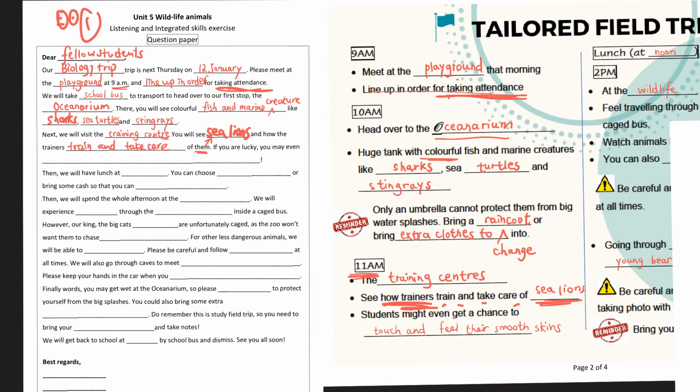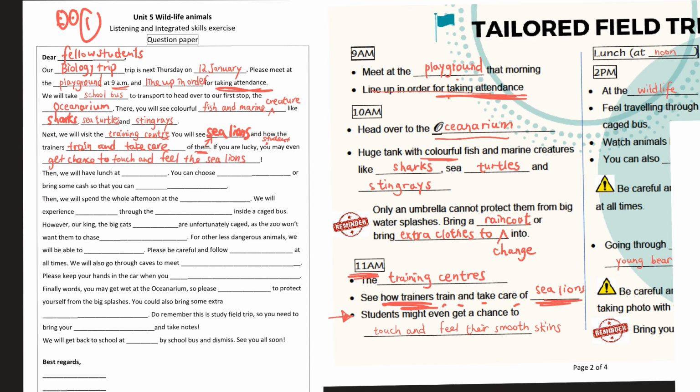Okay, so if you're lucky, that's the same as the sound tape. So if you still remember the tape, you will be able to know this answer. Students might even get chance. You might even, so you refers to the students, might even get chance to touch and feel the sea lions.